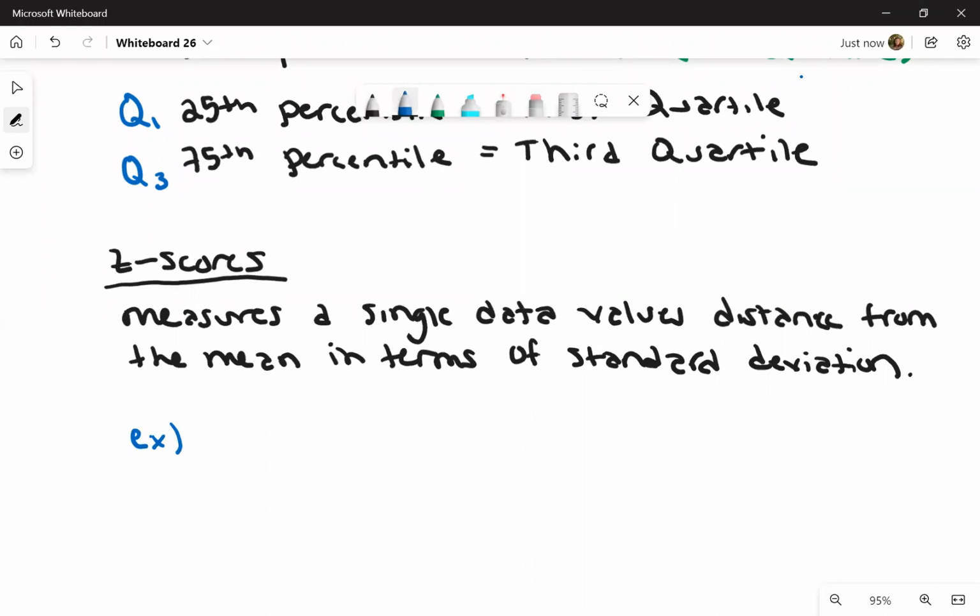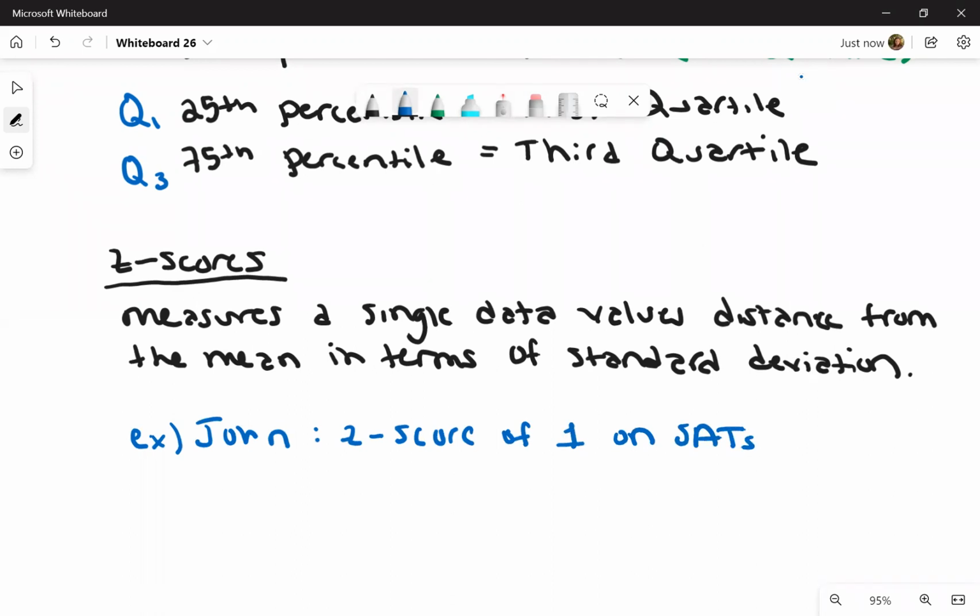So let's say John has a z-score of 1 on SATs.